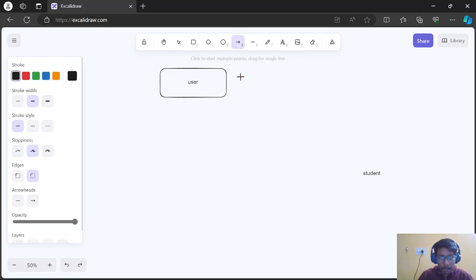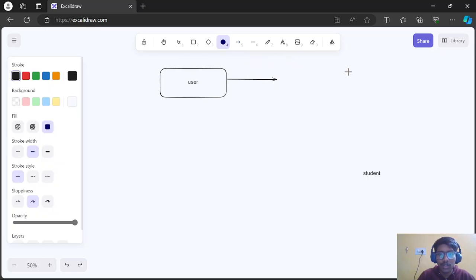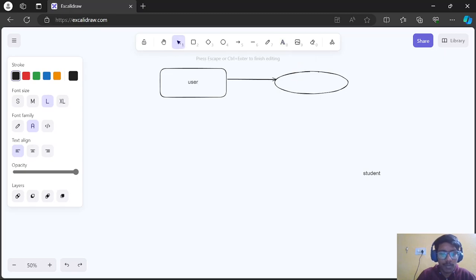What can be the basic attributes of a user? A user has a user ID which makes them unique, and we can say the user ID is a primary key here because every user has a different ID assigned to them, or else there would be chaos.